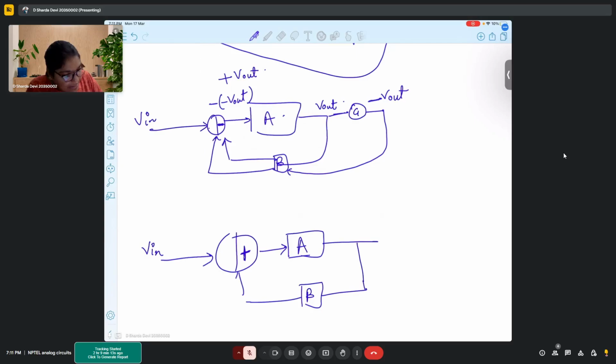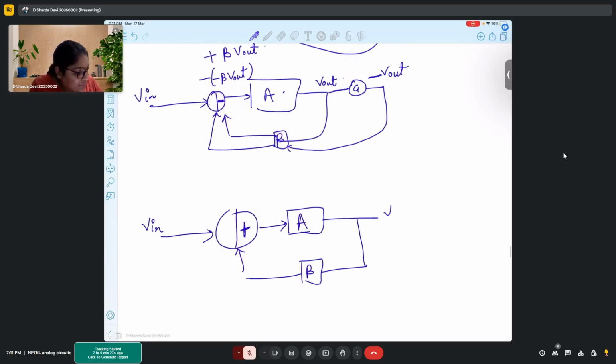And this is minus of minus beta, so here also this will be a plus beta. So if it goes V out, then when V out is fed to beta, it will become beta V out.